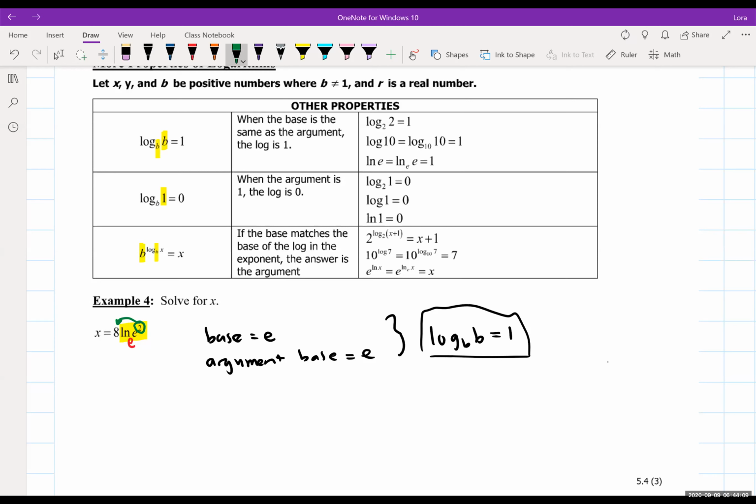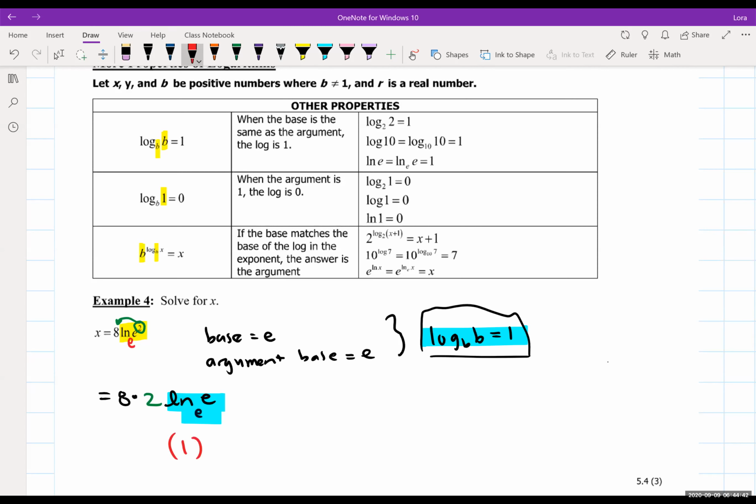So I have the 8 that's already there. It's going to be multiplied by the 2 that gets pulled in front. And now we have the natural log of e, and again, that base is e. This allows us to see that we do have the property where the base and the argument are the same, so the value of this expression is 1.